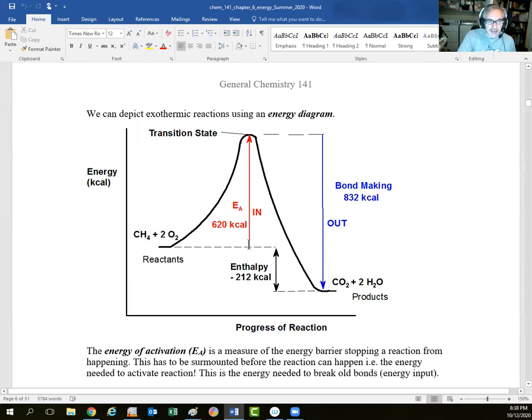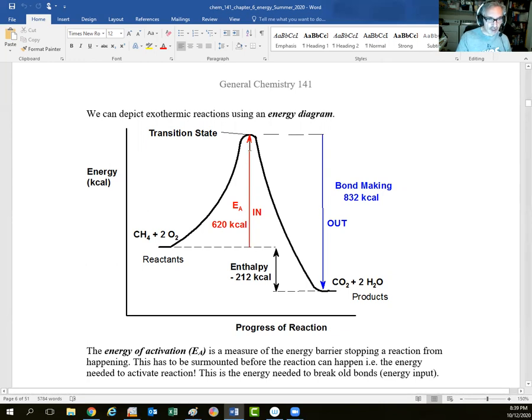We've got to clear that bond breaking energy that has to be absorbed, what we sometimes call the EA, the energy of activation. Put in any amount of energy less than this minimum, and we just hit the wall and slide back down to the beginning, like molecules colliding with each other but not having enough energy to break the existing bonds, and the molecules just harmlessly bounce off each other.